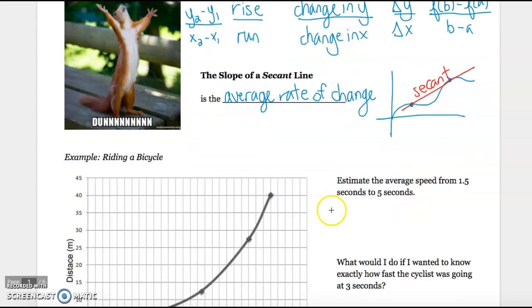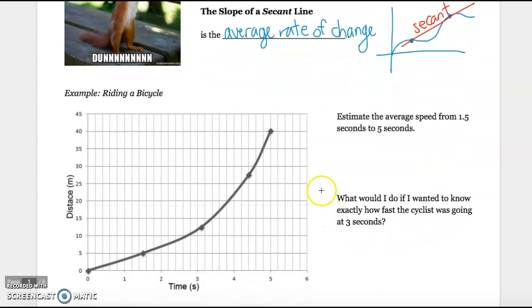And this is very important for us. So for example, if I was looking at the average rate of change or the average speed of somebody riding a bicycle. So they start off a little slower and then they start riding faster and faster and faster and faster over time. But we can figure out their average speed from 1.5 seconds, which is this point right here, to 5 seconds, which is this point up here.